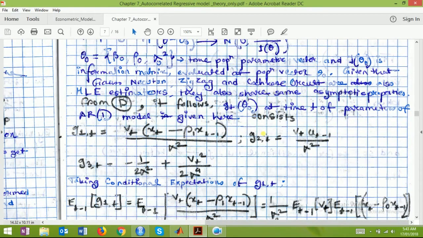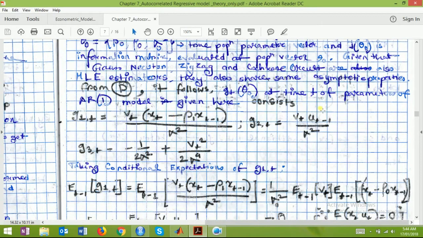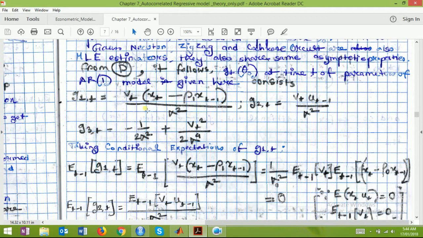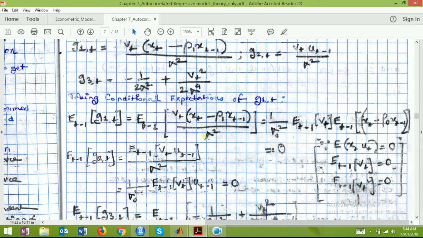Basically the AR1 model consists of G1t, G2t and G3t. So you see v xt rho 1 xt minus 1 by sigma square. V is sigma square's element, beta 1 element, v ut minus 1 or rho 1 element and sigma square element, and simply the sigma square element.